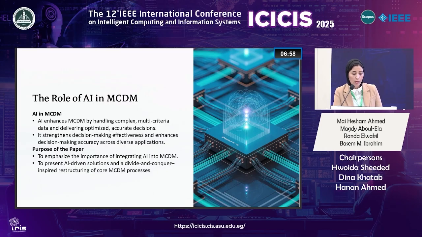Okay, in this paper we're going to emphasize the importance of integrating artificial intelligence and multi-criteria decision making, and also present how AI-driven solutions and divide and conquer inspire our idea of the framework for restructuring the core multi-criteria decision making process, for handling more complex situations and multi-criteria data to have optimized and accurate decisions.